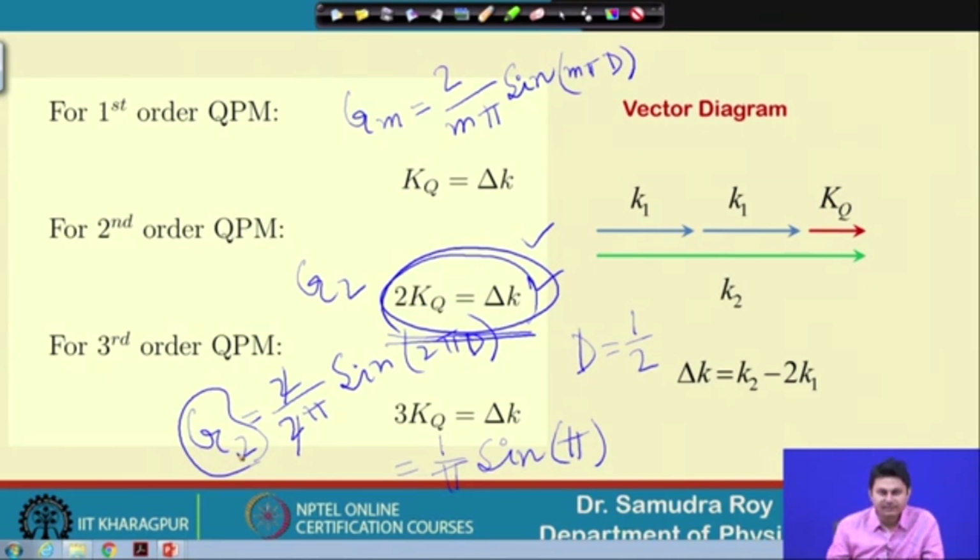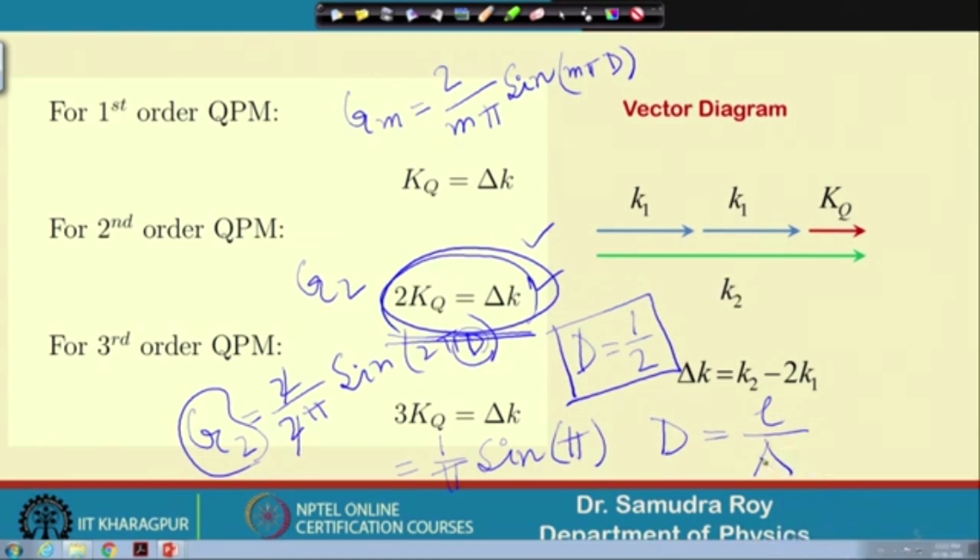Why is it vanishing? That is interesting, and it is vanishing because of the D value. We are using this duty cycle equal to half, but the duty cycle D is represented by L divided by big lambda. Now, if I say this ratio L divided by big lambda is 1 by 4, because this is in our hand, then you can readily find that D is 1 by 4 and this value is pi by 2, and then again you start getting G 2, because here G 2 is not equal to 0, but 1 by pi.